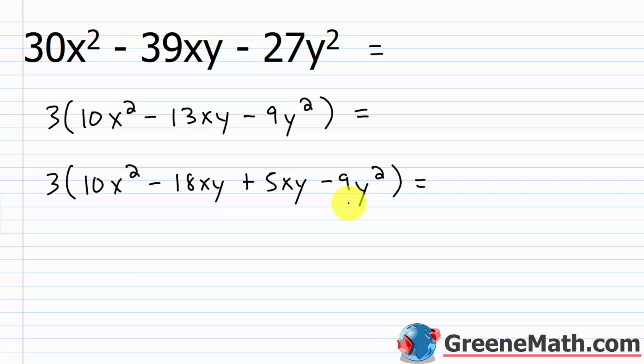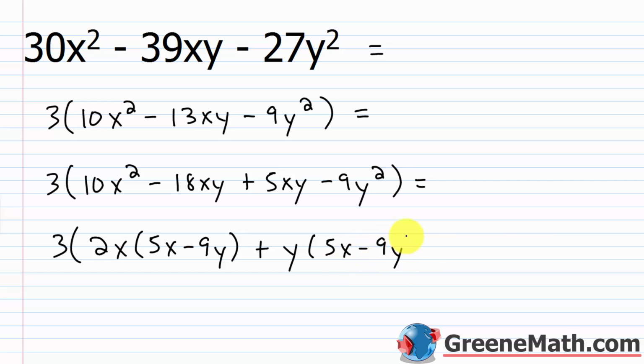So now I'm just going to factor using grouping. So I have 3, and then inside of parentheses, the first group I can pull out a 2x. That would leave me with 5x minus 9y. From the second group, I can pull out a y. That would leave me with 5x minus 9y.